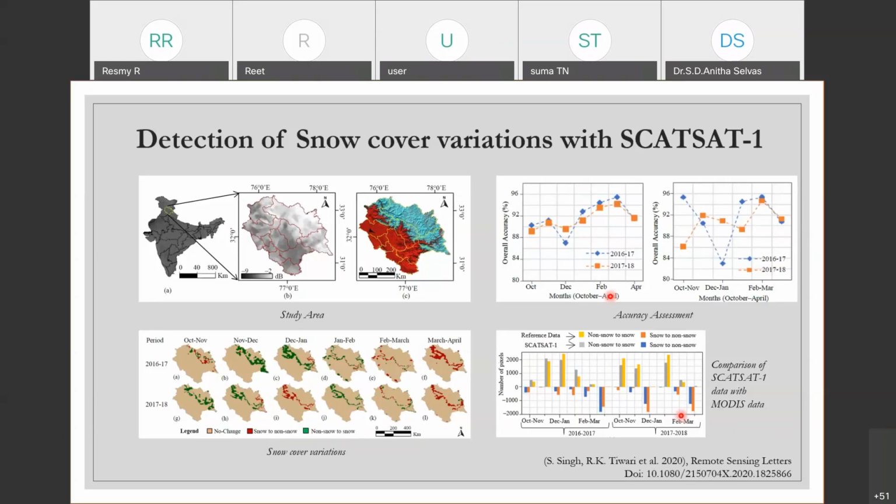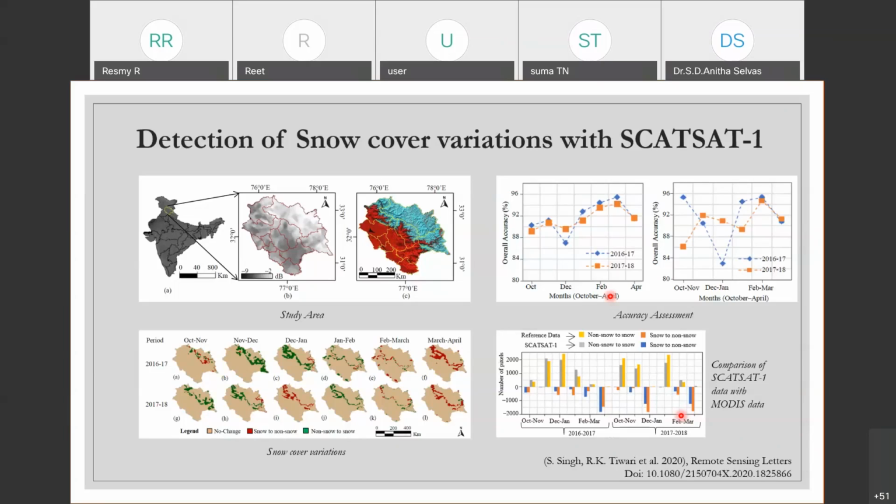October-November means the change between the October and November months. November-December means the area which changed between November and December. Coming to this particular picture, in December 2016 and January 2017 the snow cover is large, and during the same period in 2017-18 the snow area has decreased, at all the elevation ranges.